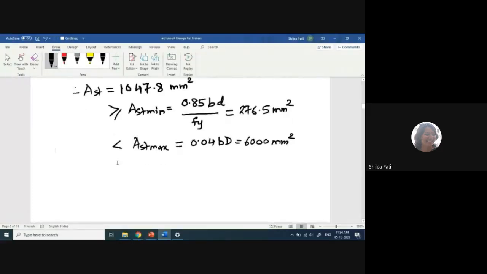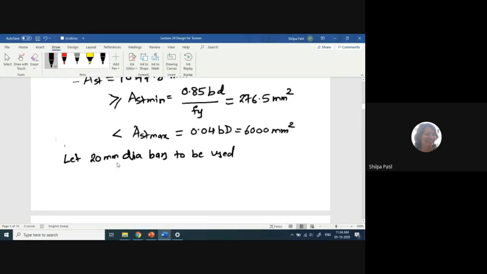Let us find out now the number of bars. For that, let us assume 20 mm diameter bars to be used.